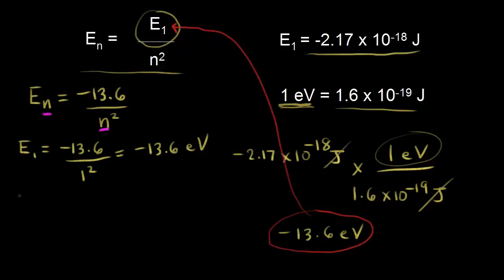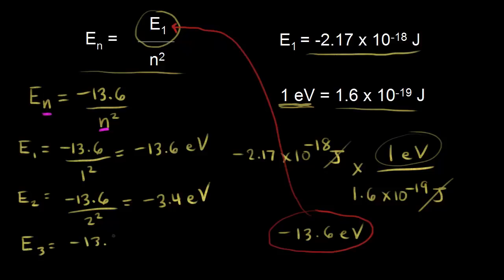Let's calculate the energy for the second energy level, so E2. This would just be negative 13.6, and now n is equal to 2, so this would be 2 squared. And when you do that math, you get negative 3.4 electron volts. And then let's do one more. So the energy for the third energy level is equal to negative 13.6.